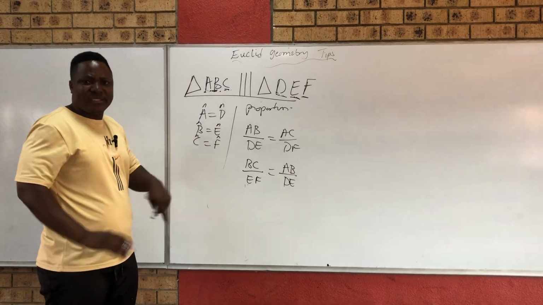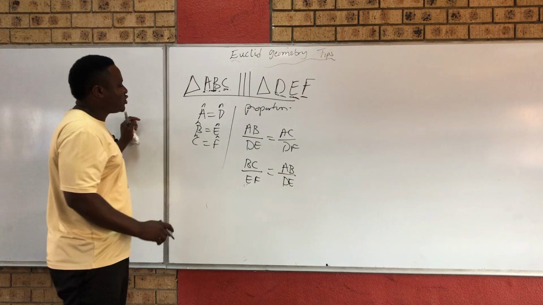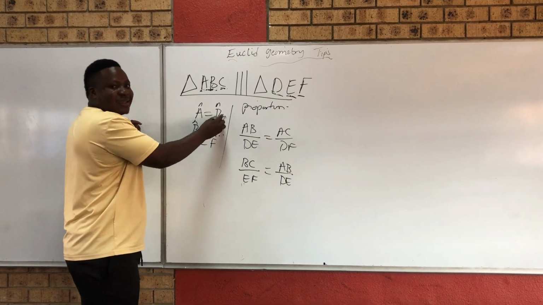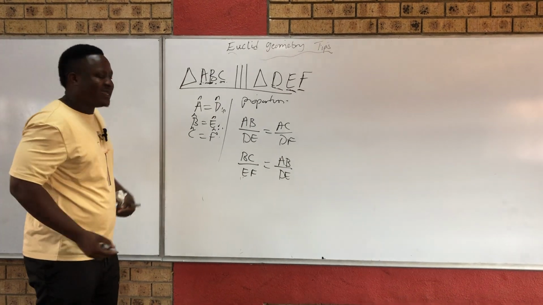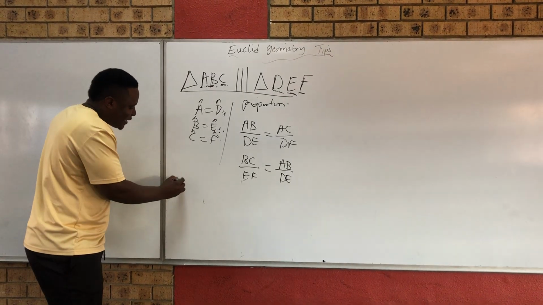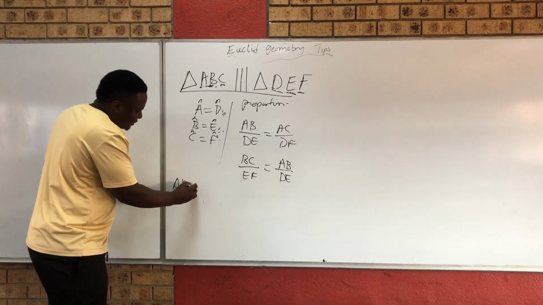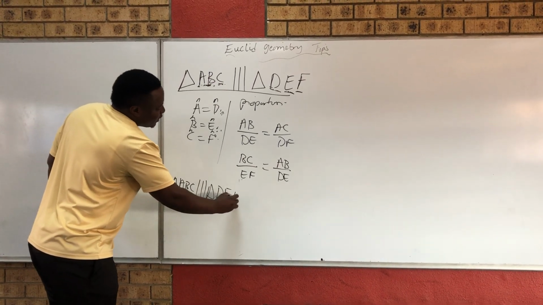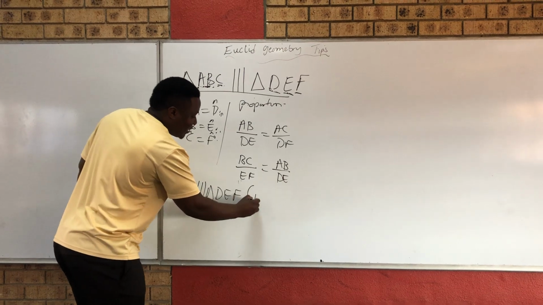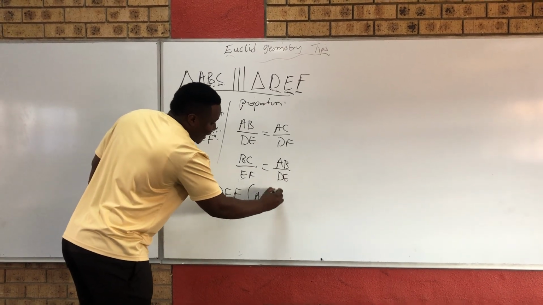As long as you know this, then you will be fine. So if you found that two angles are equal, you can just conclude the third angle. When you say triangle ABC is similar to triangle DEF, the reason is angle, angle, angle.